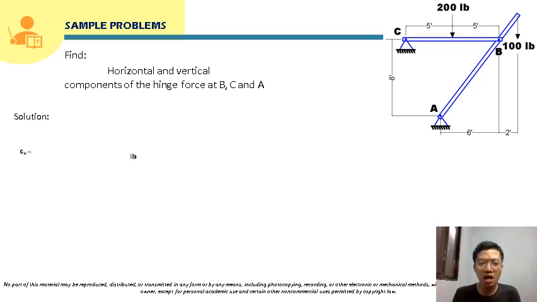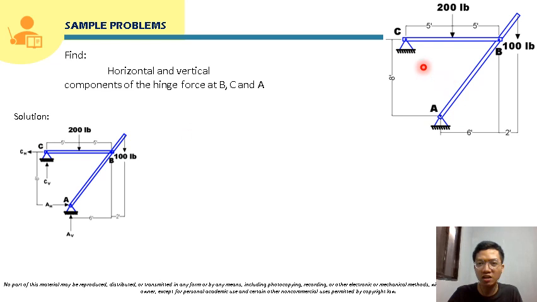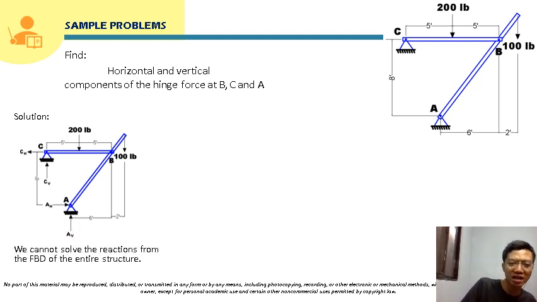But here, in the free body diagram of the entire structure, C is hinged and A is also hinged. So this will be the reaction forces here. As we can see here, if we take, let's say, moment at C, there will be two unknowns, AH and AV, right? So we cannot solve the reactions from the free body diagram of the entire structure.